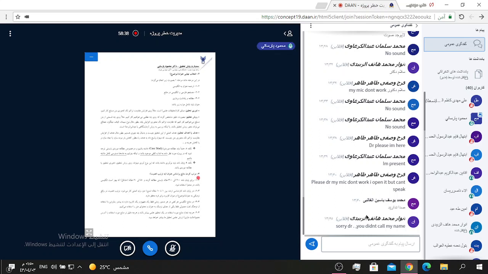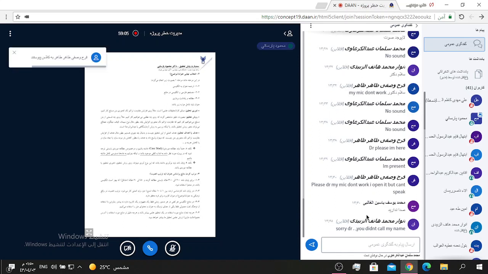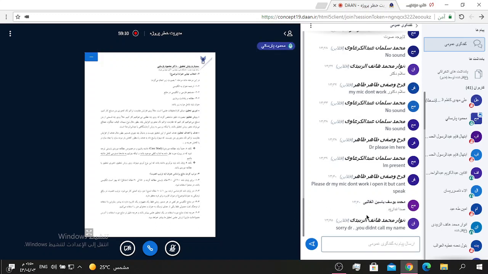And in step 3, you must sort your references according to their title. The title of the article, the title of the book, the title of the thesis, and you must write some codes, some numbers according to their importance, from 1, 2, 3, and others.